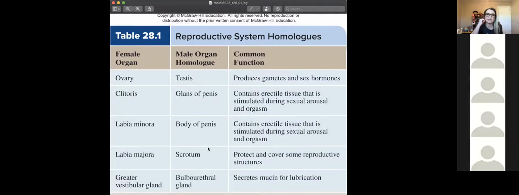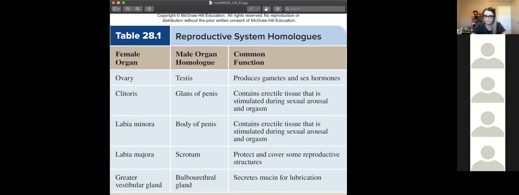Another pair is labia majora and scrotum. These are protective structures, so they cover some reproductive structures and protect them. And then a couple of glands: greater vestibular gland in females and bulbourethral gland in males. These secrete mucin for lubrication, one in males and one in females.